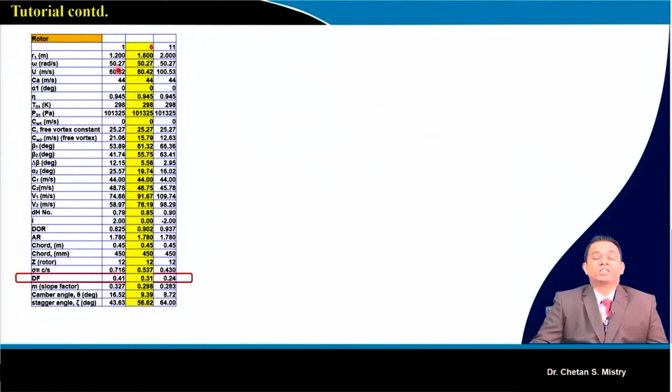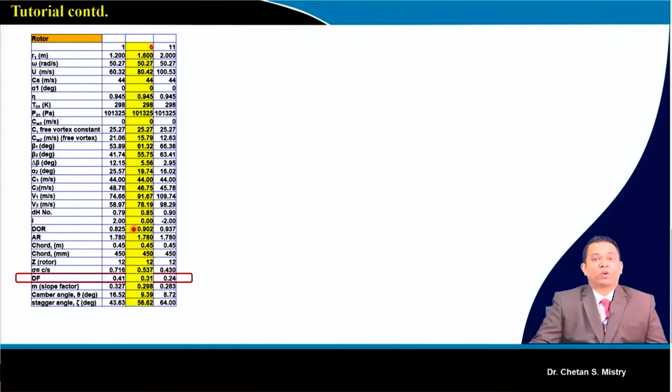Here this fan is a subsonic fan, and that is the reason we are doing our mean line calculation at 50% span. We assumed an aspect ratio of the rotor blade of 1.78 and a solidity of 0.54, and based on that we started the calculation.